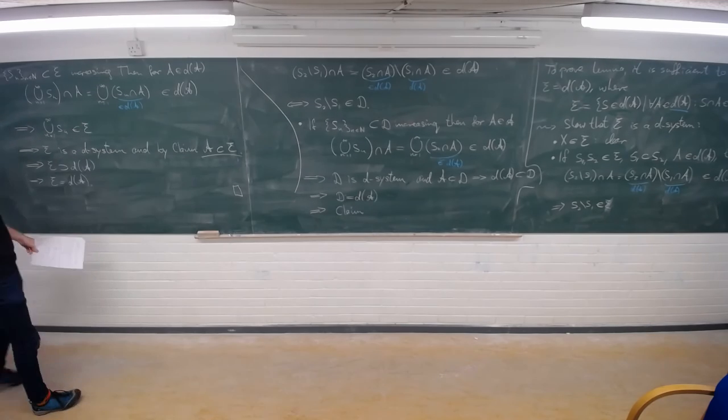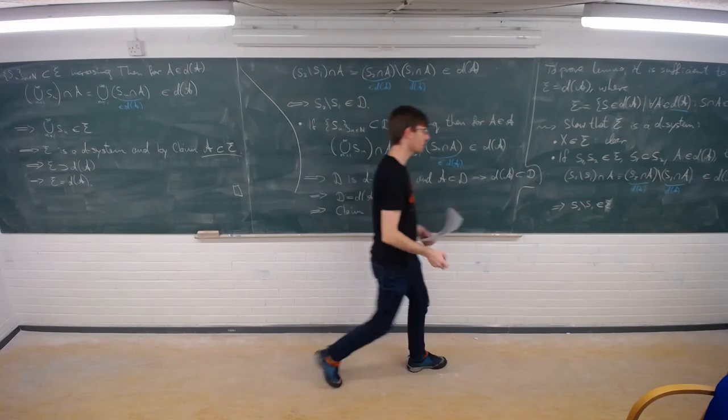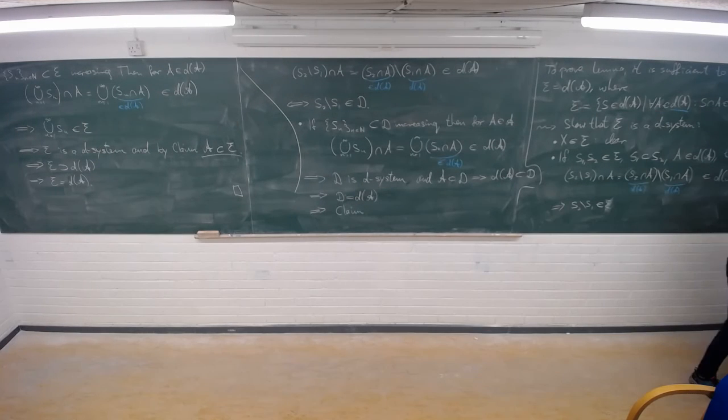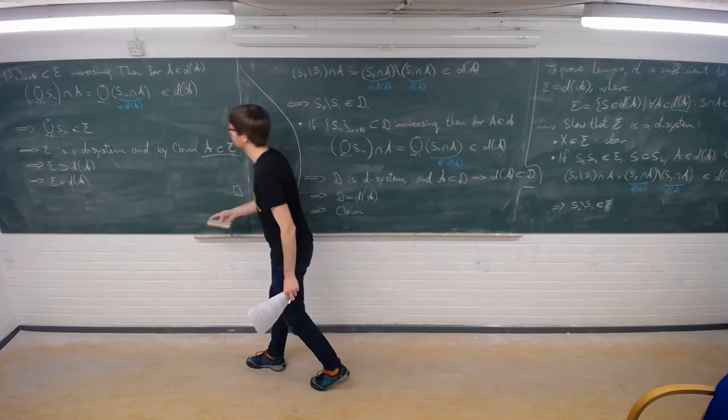Okay. So now we've shown that if we start with a pi system and then take the D system generated by it, then the result is still a pi system.